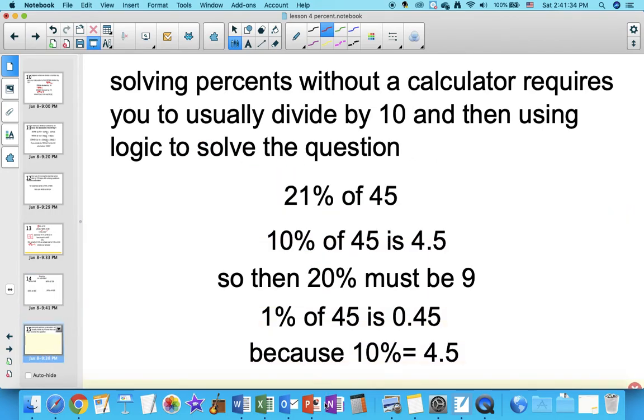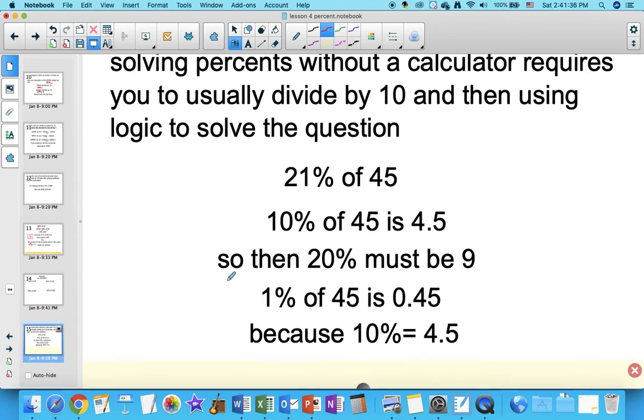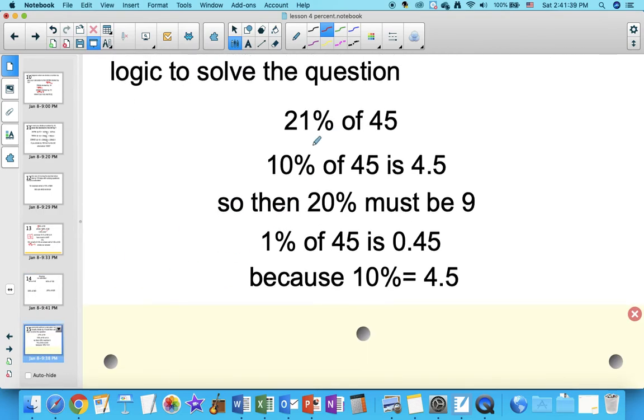Right? 21% of 45. Well, 10% of 45 is 4.5. Okay, well, if 10%, because I divided it by 10 and put that decimal there, is 4.5, then 20% is 2 times this, right? So then I multiplied this by 2 to get 9.